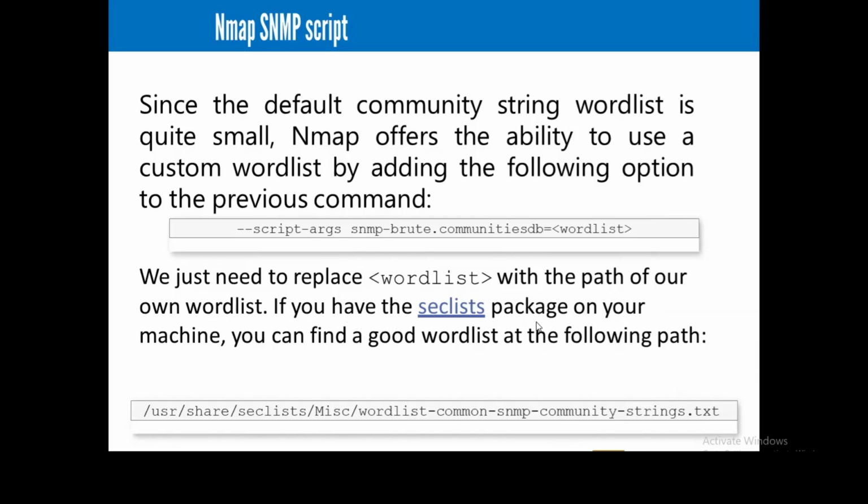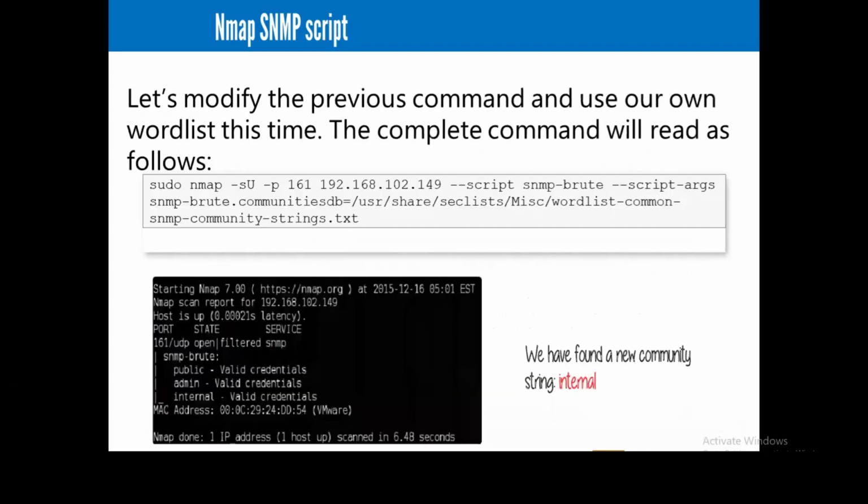If you have the SecLists package on your machine, you can find a good word list at the following path. Depending on what is available, you can also download a more robust dictionary, as there might be other possible SNMP community strings available.